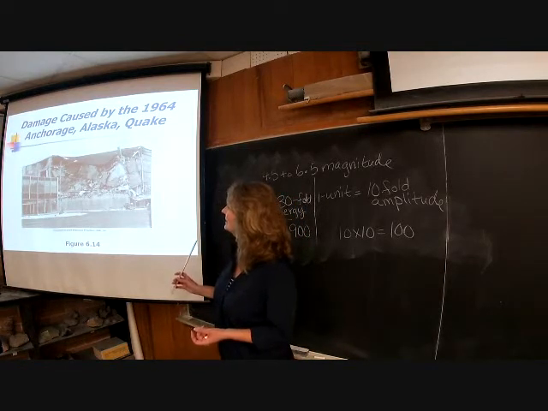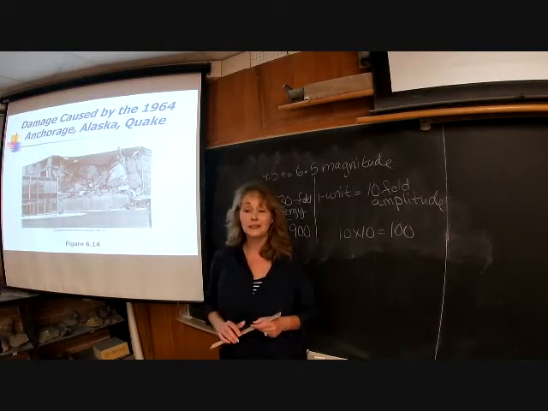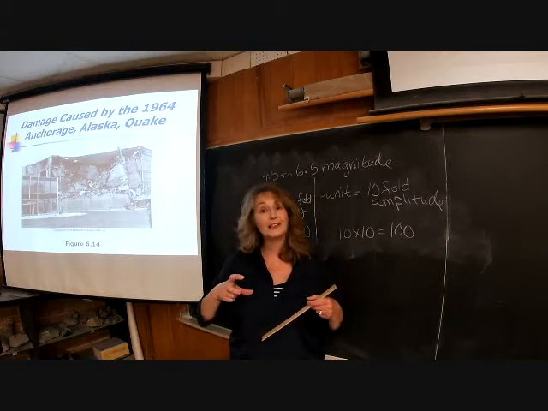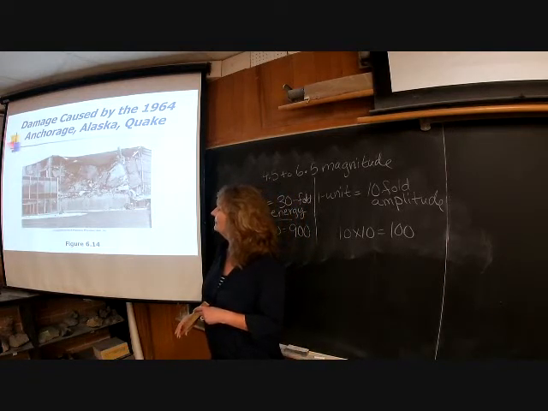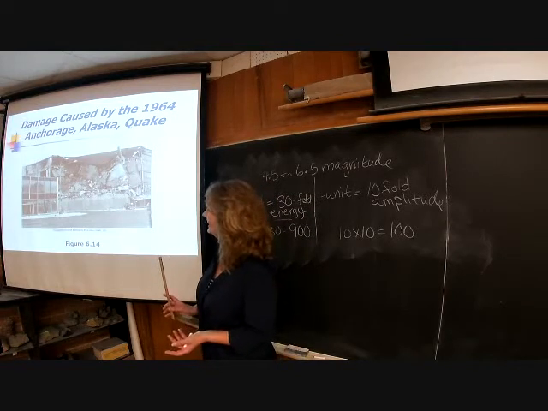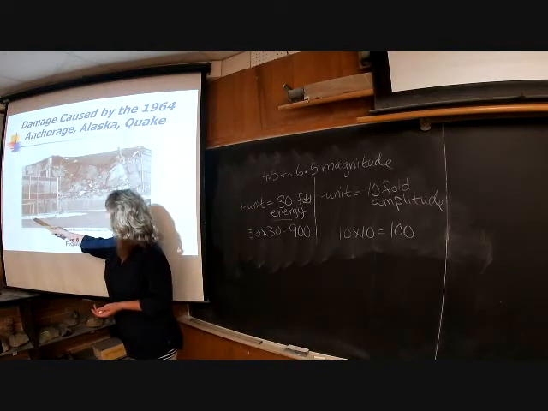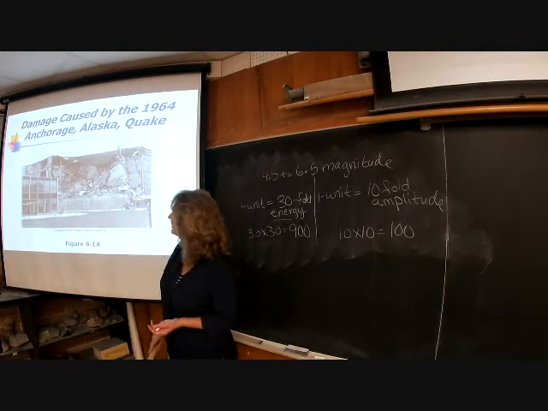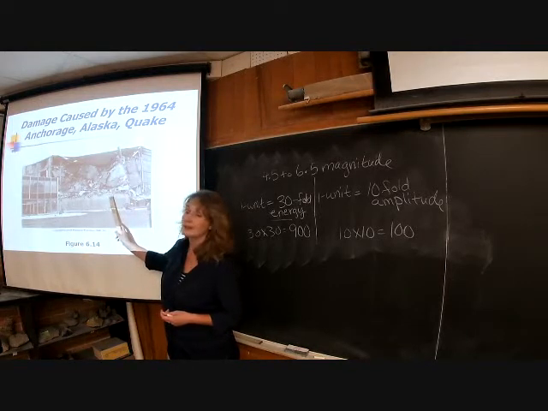This is a great example, the Anchorage, Alaska quake of 1964, where I showed you the seismogram, the little amplitudes of the seismogram from this earthquake. But the interesting thing is this little building right here. I can't remember if that was a JCPenney's, but this one you can see is a concrete structure.